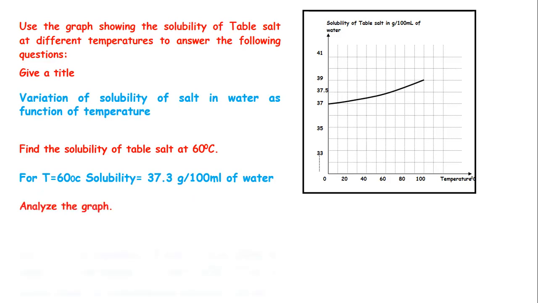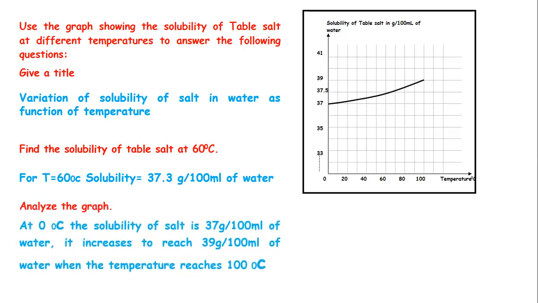Analyze the graph. At 0 degree, the solubility of salt is 37 gram per 100 milliliters of water. It increases to reach 39 gram per 100 milliliter of water when the temperature was 100 degrees.